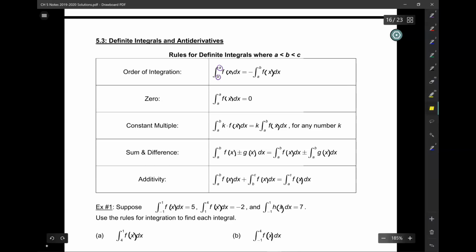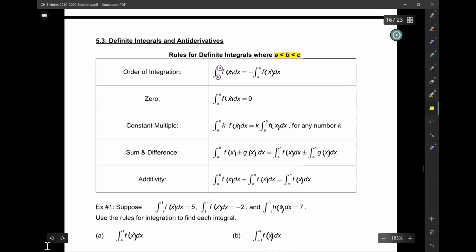I should say, before I even start here, we're looking for when a, b, and c are in this order, right? A is less than b, less than c. So when you have the integral from b to a, starting at a higher point and going to the left, that is the negative of the integral from a to b.